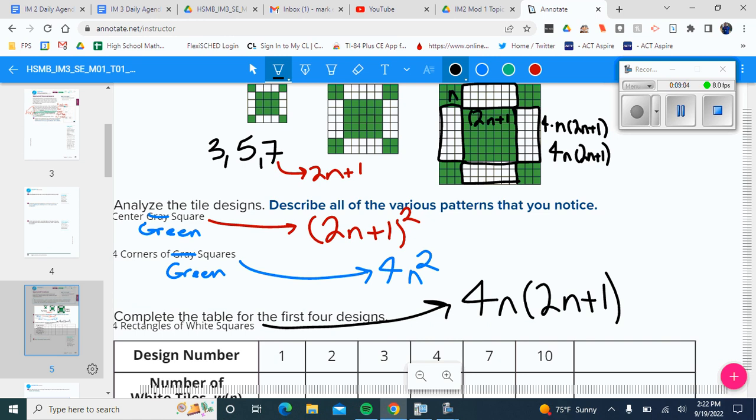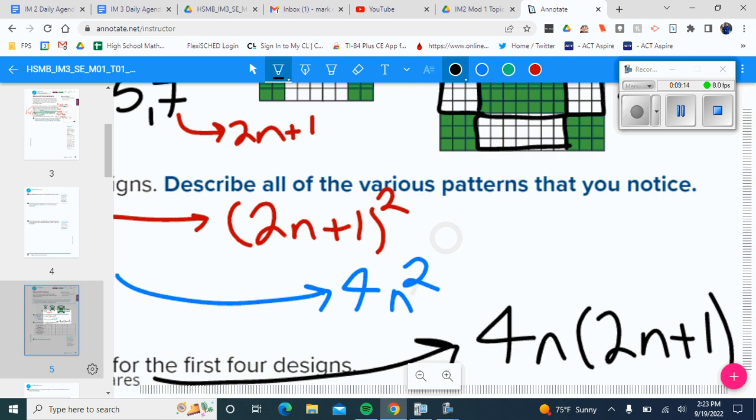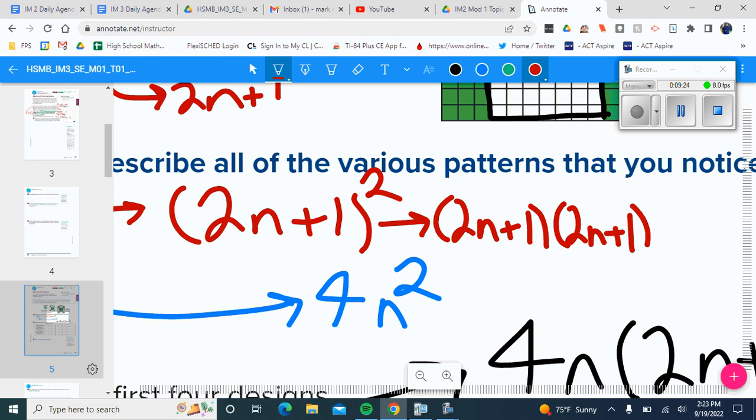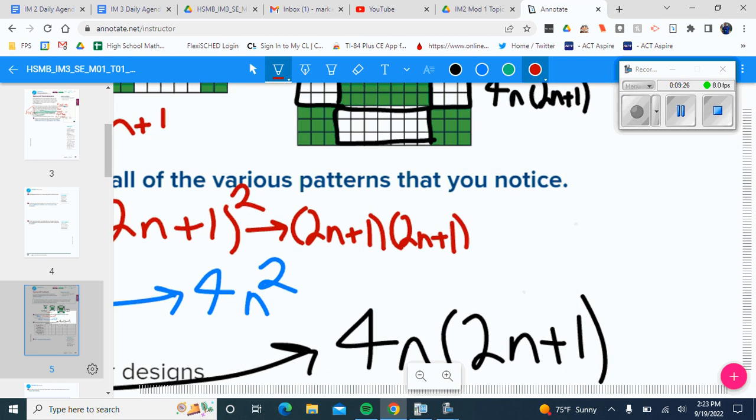What we're going to do is simplify every rule however much we can, and we're going to put that into the table below. So for the total green center, that would be 2n plus 1 times 2n plus 1. And remember in class we call this double distribution or foiling.